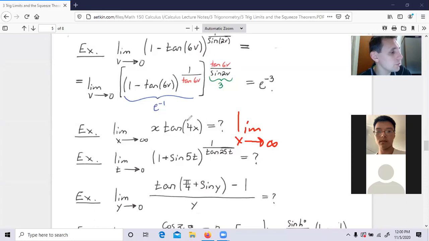So it's 4x, it's not 1 over 4x. So the first one, x times, so it would be simply what? Tangent is just oscillating. It jumps all the time between minus infinity and plus infinity, and times x, it's growing. So it's like this in this first question.